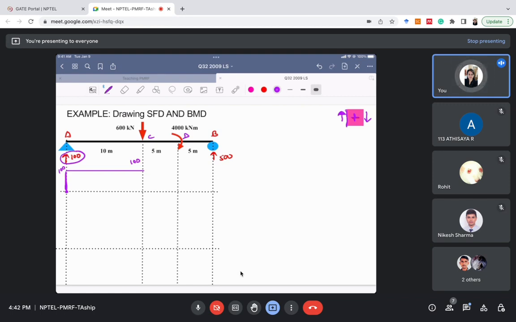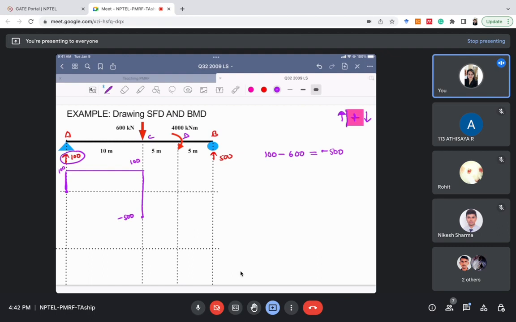Earlier the amount was 100 kilonewton, now it will drop by 600 kilonewton and our final answer will be minus 500 kilonewton. It is not to scale. It is minus 500 kilonewton. I hope it is okay.